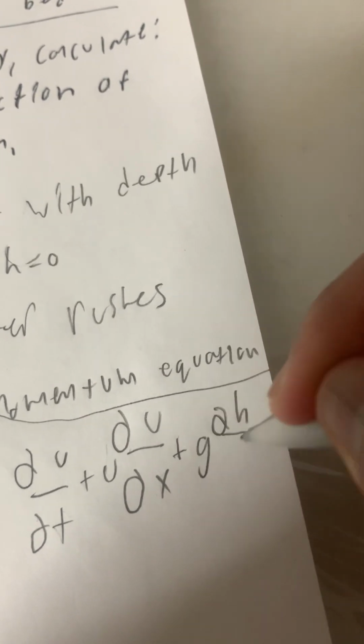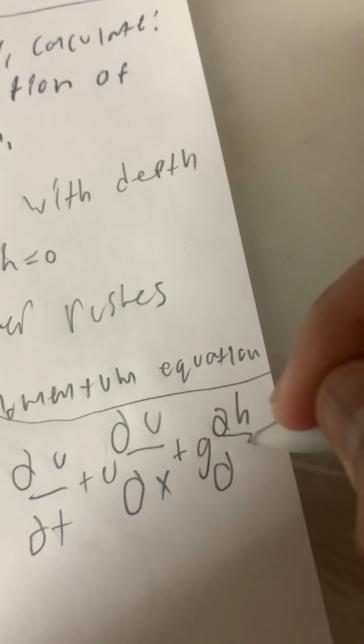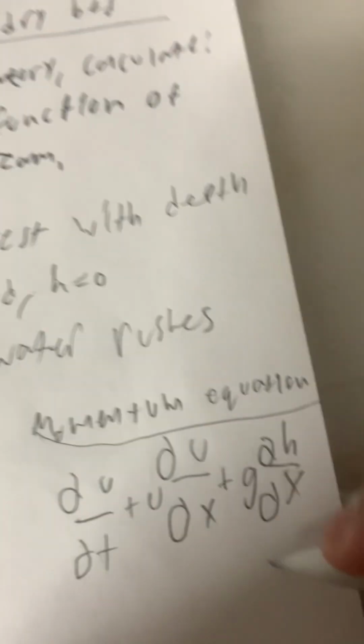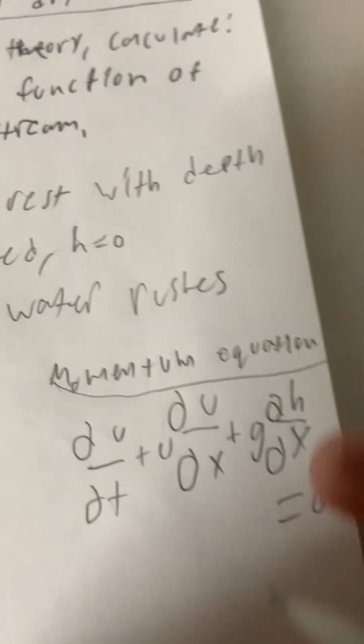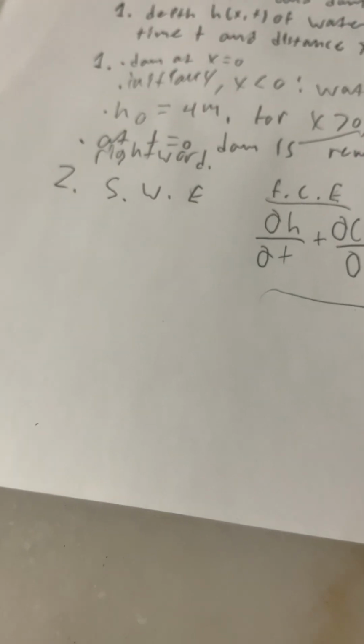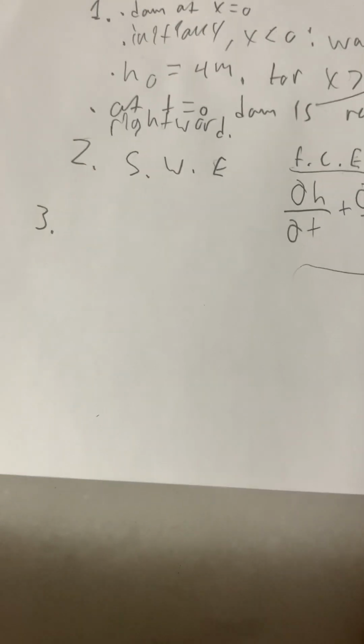Oh, right, h. Whatever. And then when we use the momentum equation, we're going to get 0, correct? Both of these equal 0. Oh, right. And then step 3.